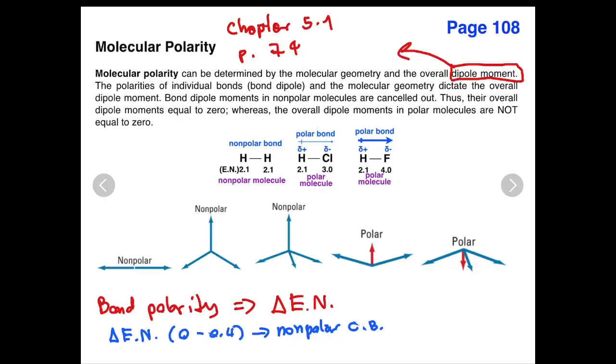There's no separate partial charge, so one will not be able to pull electrons harder or stronger than the other. They are sharing equally. Another one that we look at is when the difference in electronegativity is between 0.5 to 2. We consider this to be a polar covalent bond. Anything beyond 2 would classify as an ionic bond.